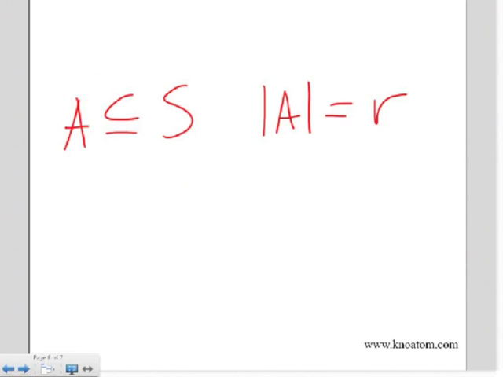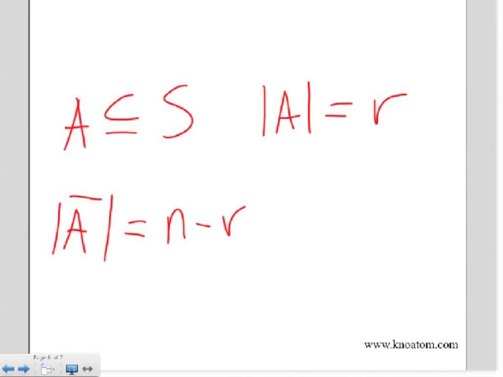Now let's consider a function that maps a subset of S to its complement. So for some subset of S, let's call it A, let's say that A has r elements in it. And recall that S has n elements in it. So the cardinality of the complement of this set would then have to be n minus r.